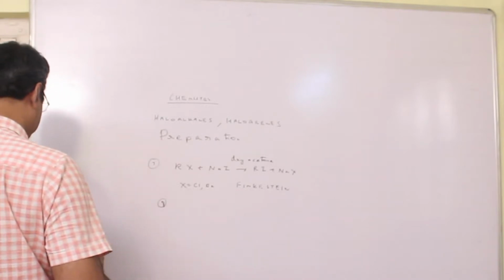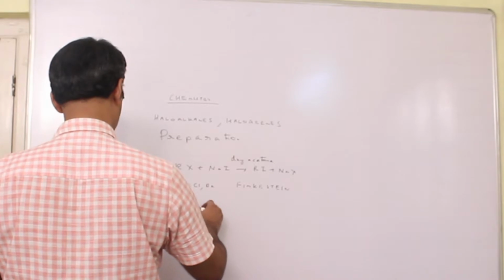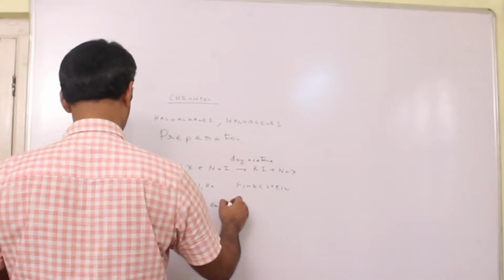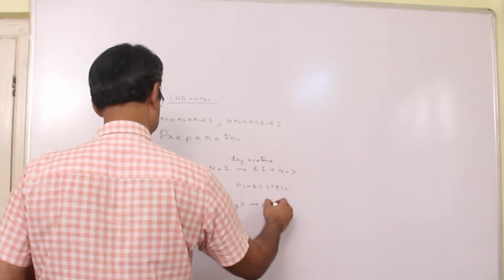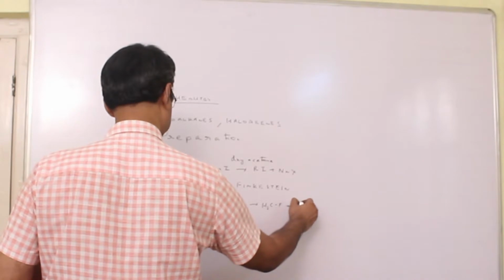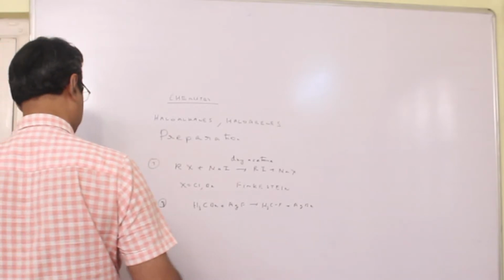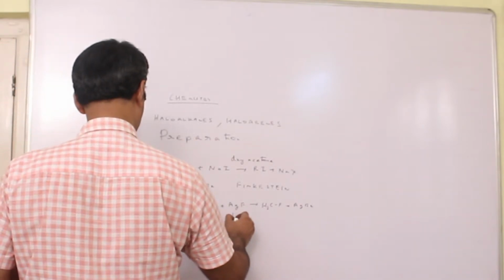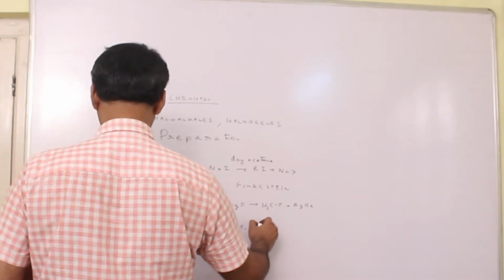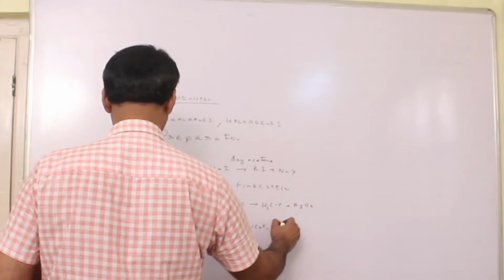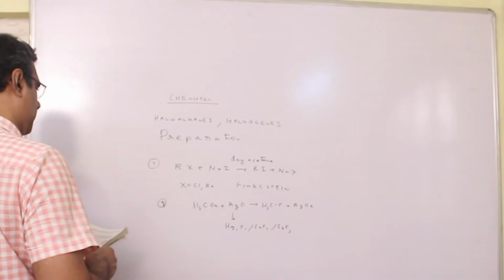Similarly, in case of fluoroalkanes, this is the reaction. Here AgF can be used, or we can also use Hg2F2, CoF2 or SbF3.